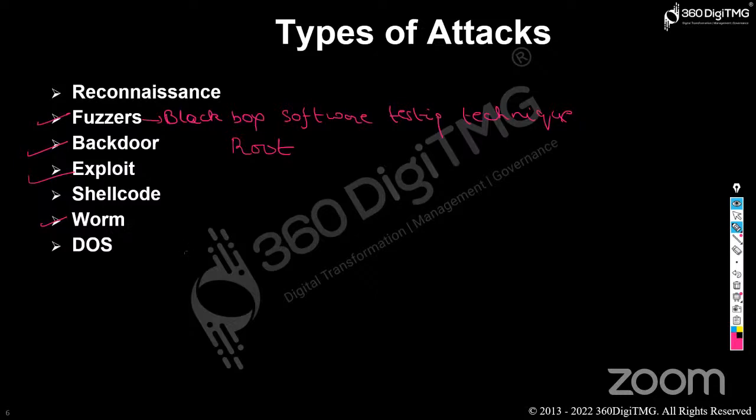Then we have something called DoS. What is a DoS? The primary focus of a DoS attack is to oversaturate the capacity of the targeted machine, guys. And what happens then? It results in a denial of service.